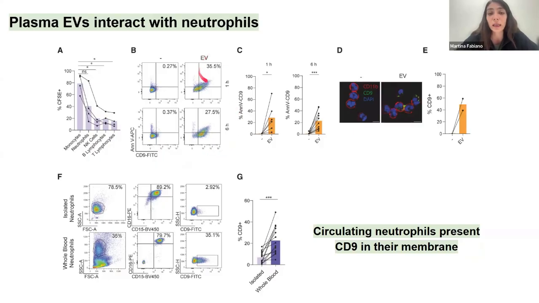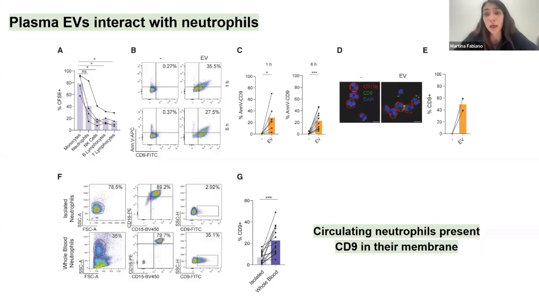We saw that at both time points, at least 30% of neutrophils acquired phosphatidylserine, annexin 5, and CD9 stain. So this suggested that they were interacting and there was no confounding factor with CFSE. Although we did all the controls, we needed to check that CFSE was not staining the neutrophils by artifact. So in this way, we corroborated it.